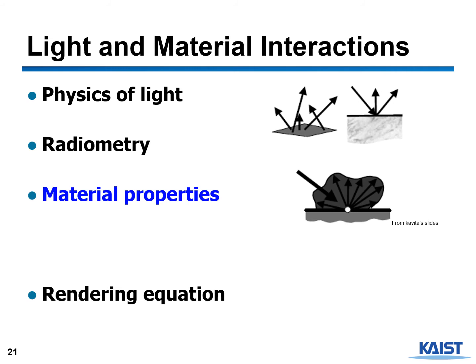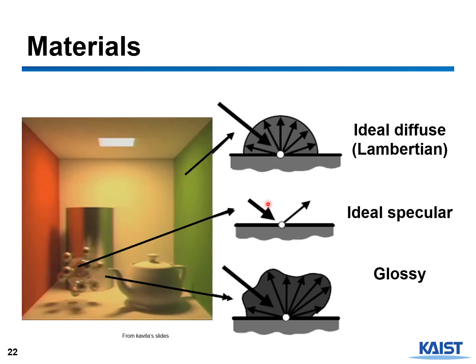Okay, so far we talked about the physics of light and also the radiometry. Now I'd like to talk about material properties. So far I talked about diffuse, specular, and glossy. The diffuse material, also known as the Lambertian material, reflects the received energy in all possible directions in the same amount. Specular is like a mirror: if we receive energy, we reflect it in one particular direction.